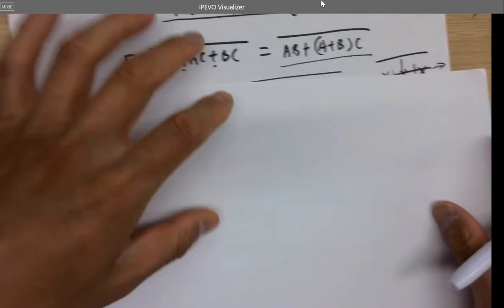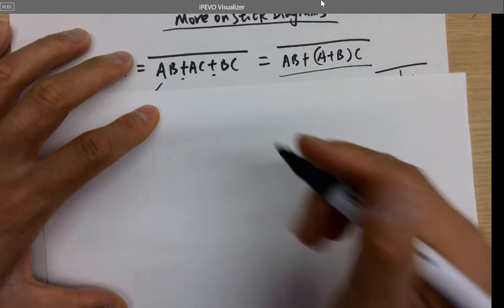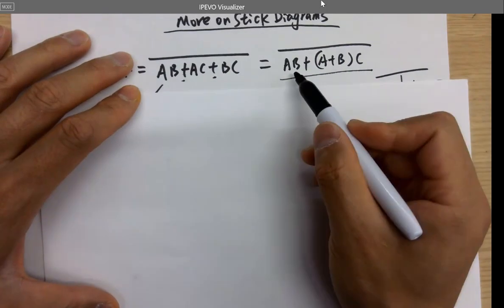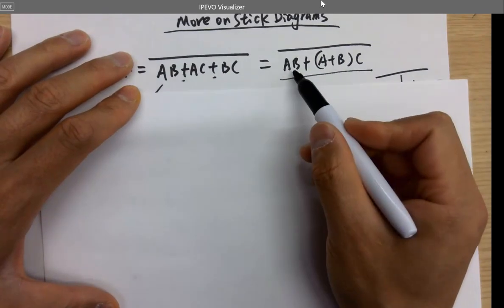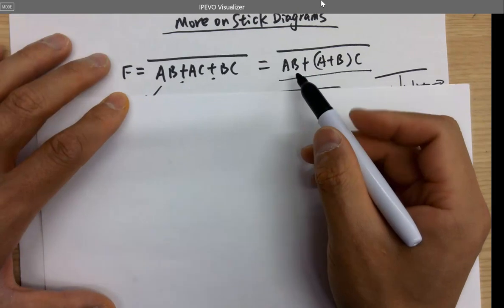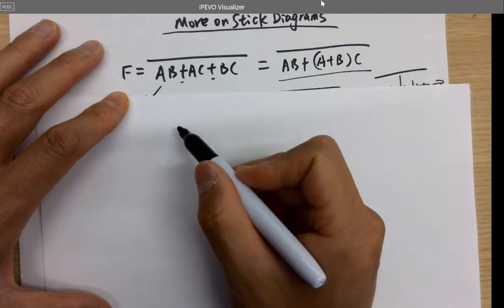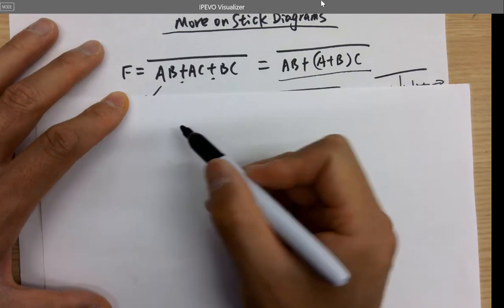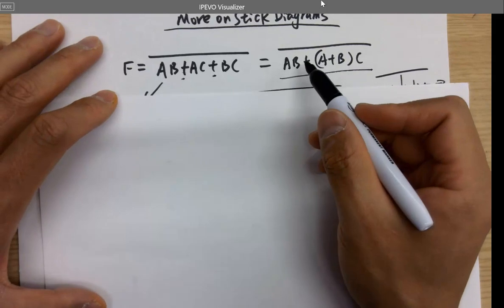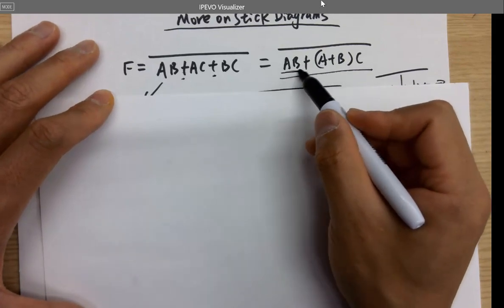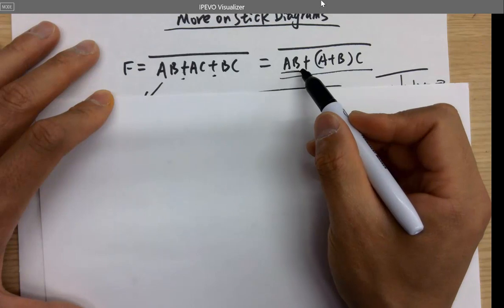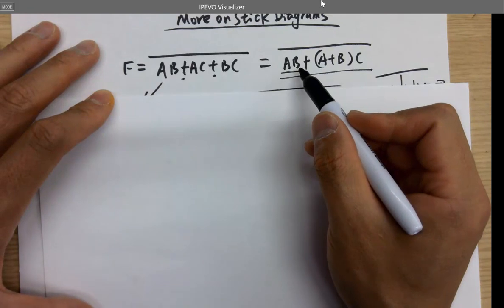So for this one, how many transistors? 3. Let's start with the schematic first. So AND logic, A B on the top for PMOSes, there should be in parallel, right?